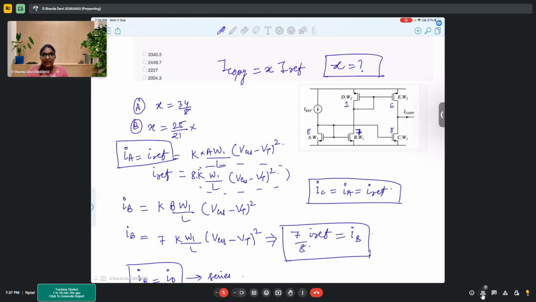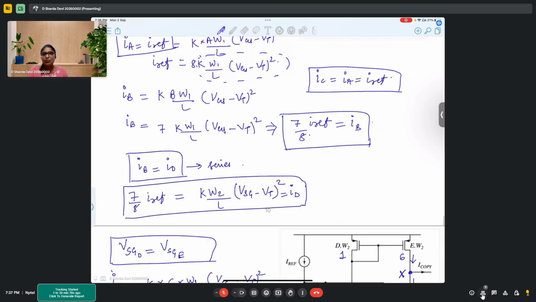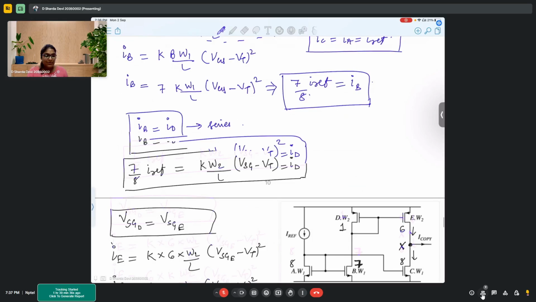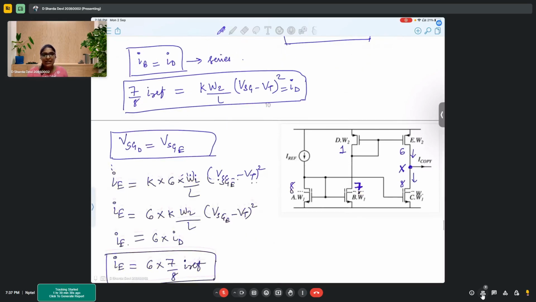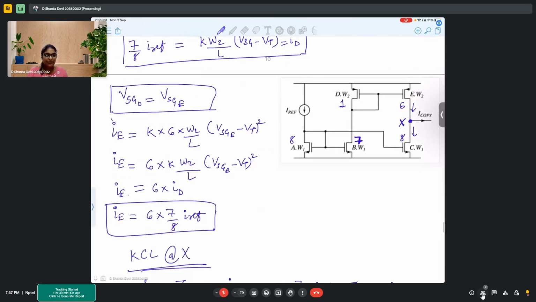Just be a little careful, and if you are not very confident in directly answering the problem, go step by step. As I solved step by step, it will take 2 minutes of your time, but you won't end up getting a wrong answer. And these problems are very easy. You just have to keep the factors in mind and start equating the currents.